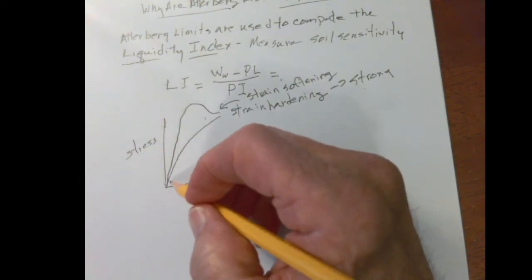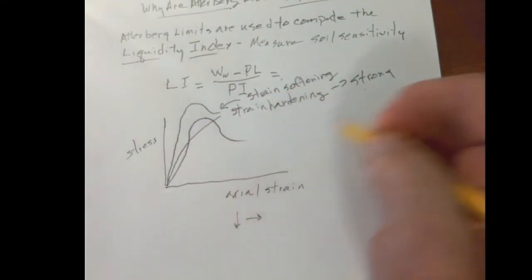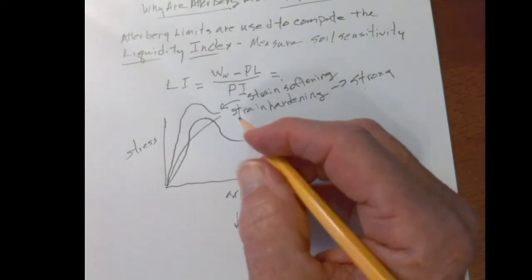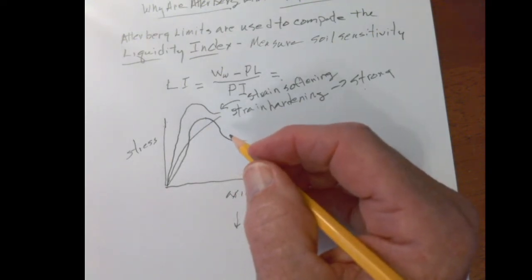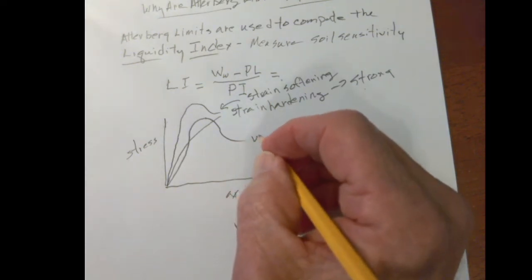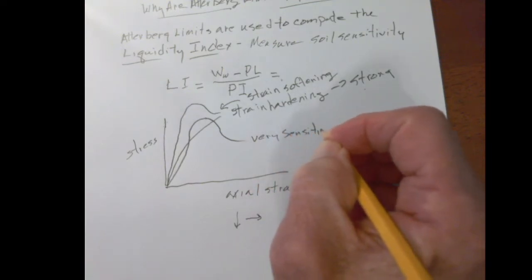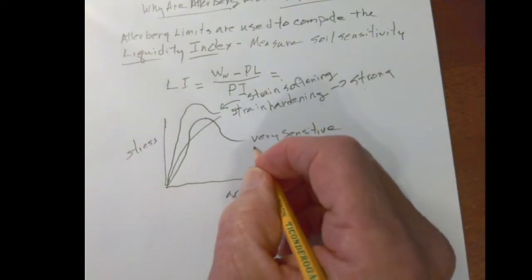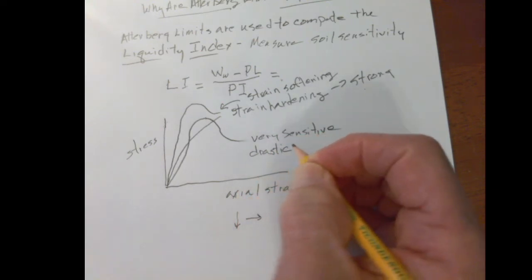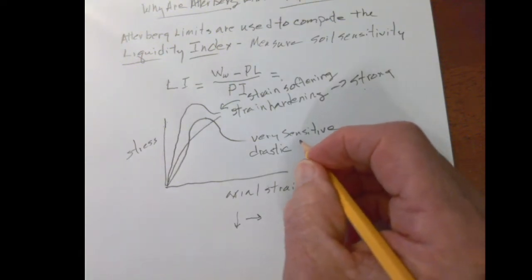And then they had one that just kind of shot up and went right back down pretty quick. And that right there is a drastic drop in strength. It's a very sensitive soil. Very sensitive, a drastic drop in strength.